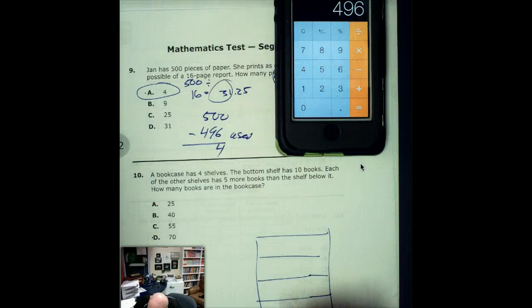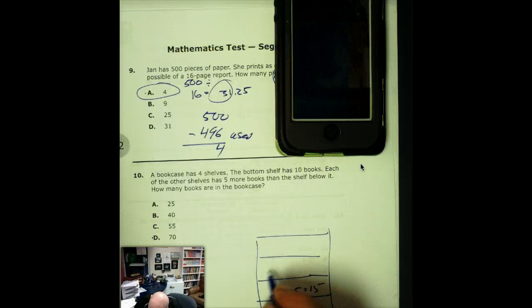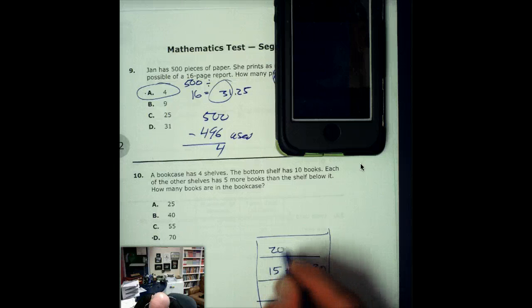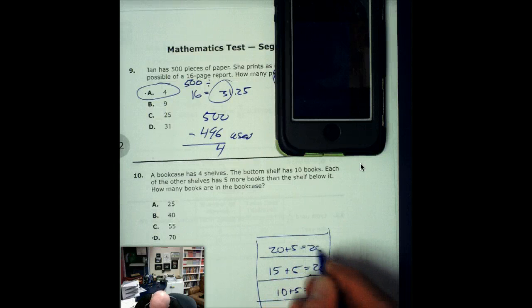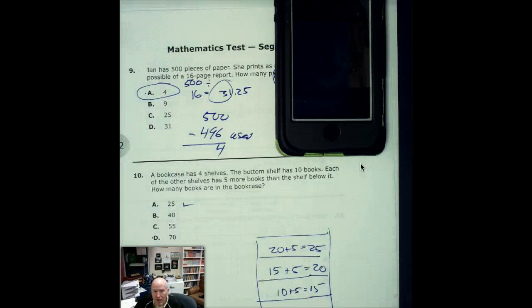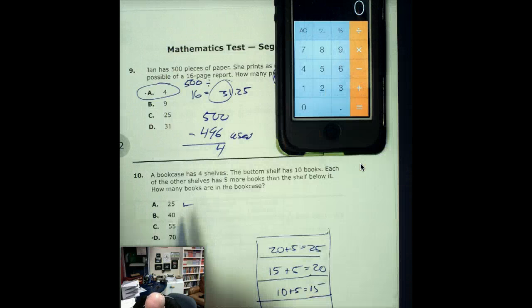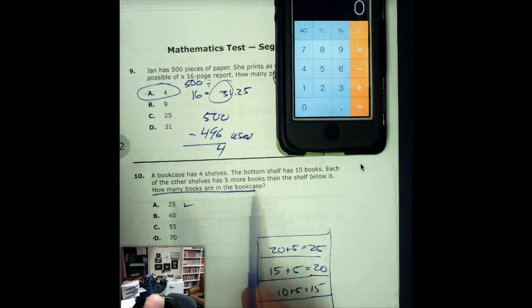Okay, so if this one has 10, this has 10 plus 5, which is 15. This one will have 15 plus 5, which is 20. And this one will have 20 plus 5, which is 25. So I want to go right over here and circle 25, right? Wrong. Always go back and read the question, because what they're actually asking you here is how many are in the bookcase.